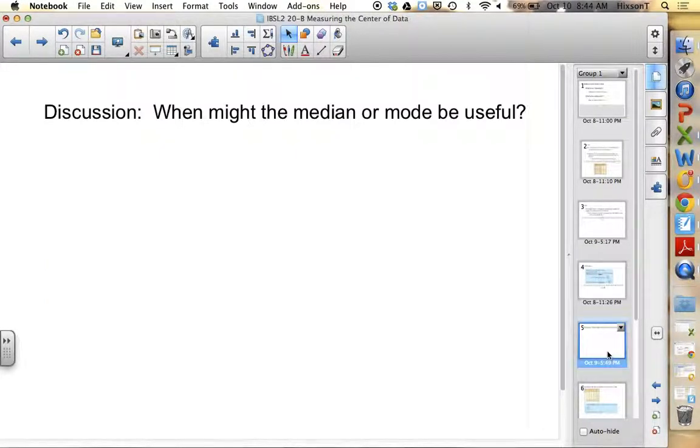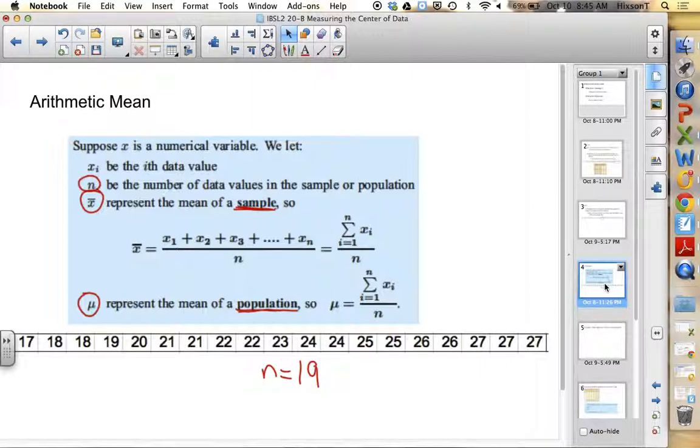Obviously the mean we use so often, we see the value in that, but when might the median or mode be useful? What do you think? It's just another way to analyze data. For example, if we go back to that set of data that we had, the mode was actually the highest number in the set, which would actually increase the arithmetic mean. So if you were only paying attention to the arithmetic mean, you would realize that the highest number is in fact the most common one.